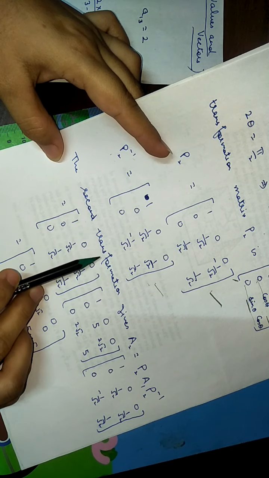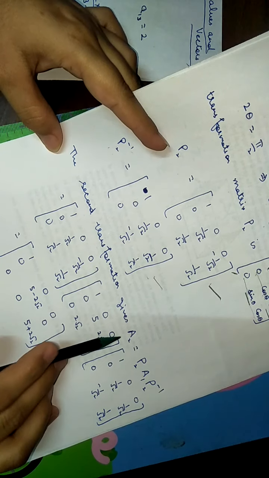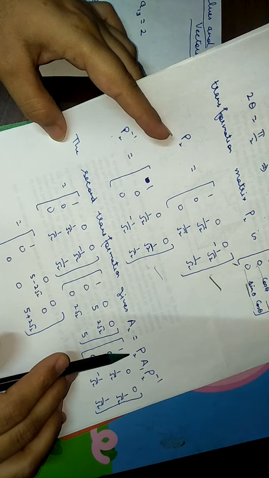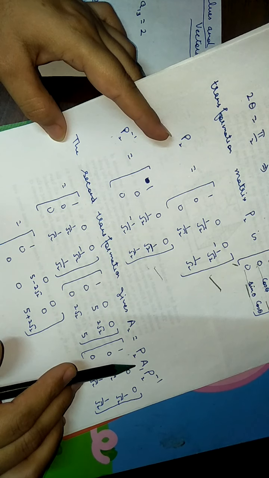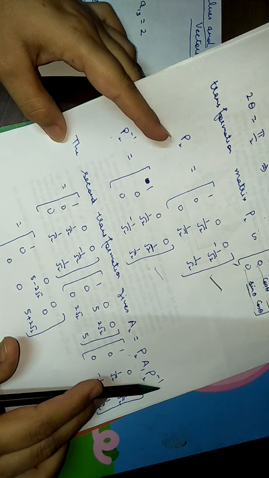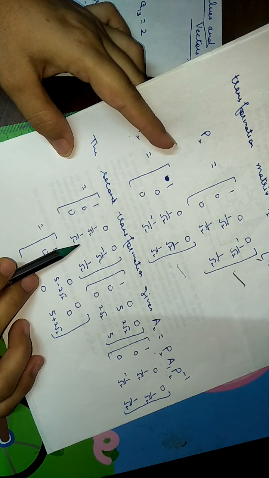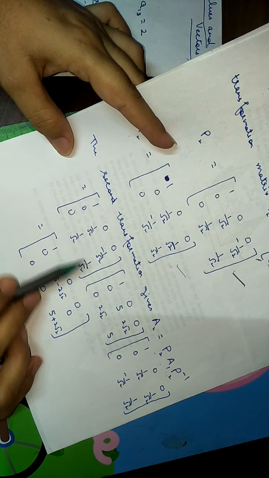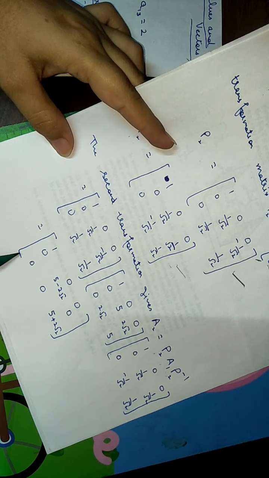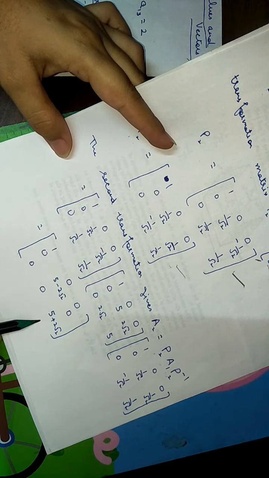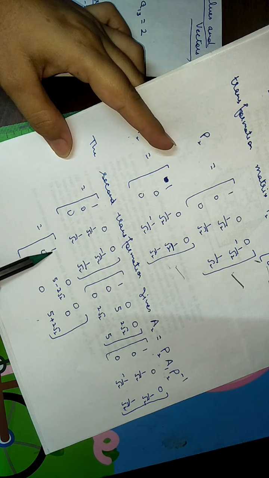So the second transformation gives A2, that is equal to P2 A1 into P2 inverse. So here we substitute the values of P2, A1 and P2 inverse. We get this matrix. So here only the diagonal elements exist.